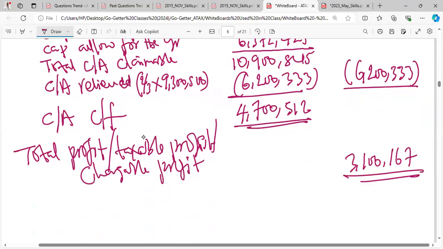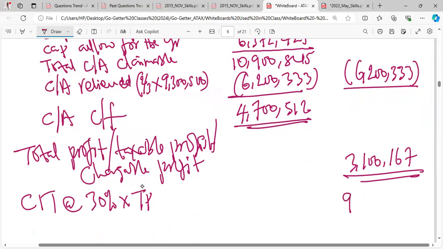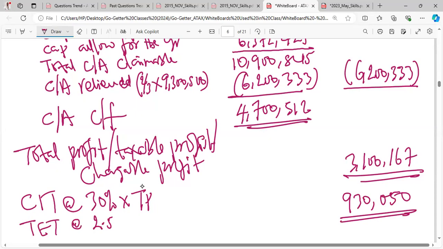Then we have our CIT at 30% of taxable profit. So look at 30% of this, and that gives me 930,050. Then we have your tertiary education tax at 2.5% of adjusted profit.